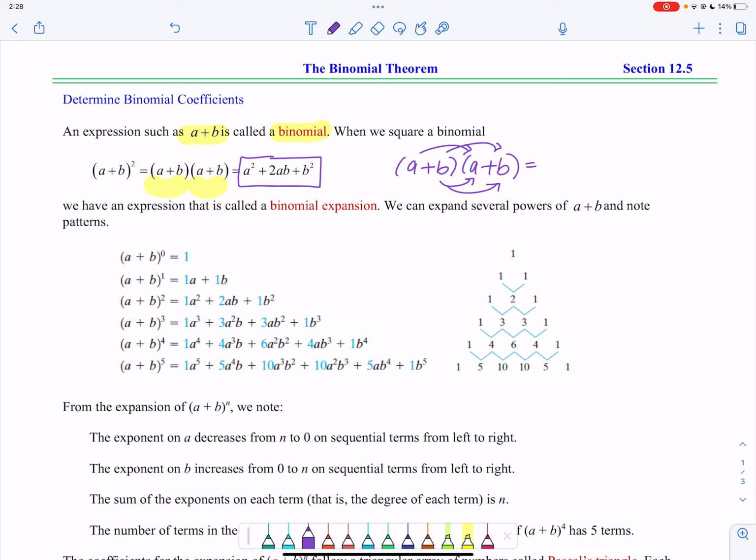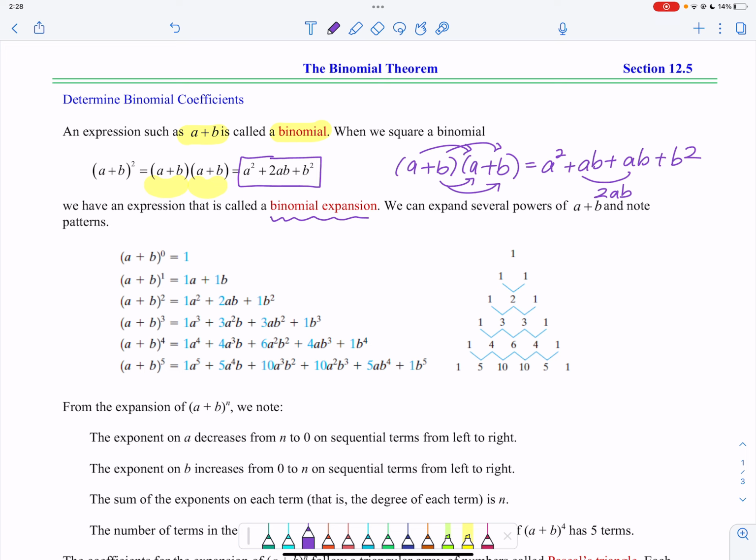So you'd have a squared plus ab plus ab plus b squared, and here is the 2ab. Okay. So when we square a binomial, we have an expression that's called a binomial expansion.